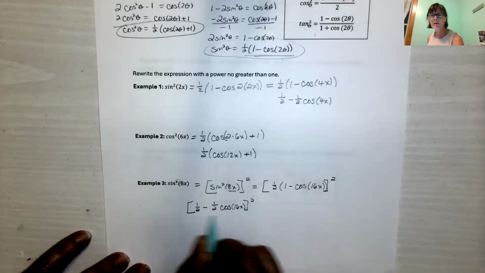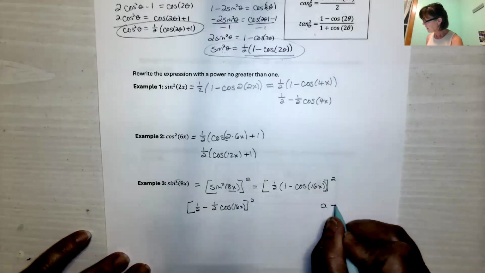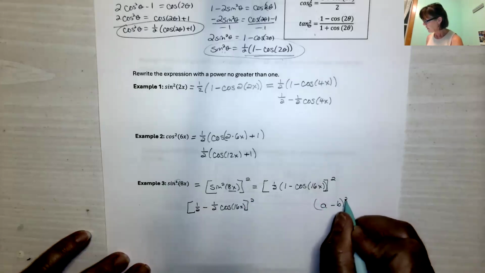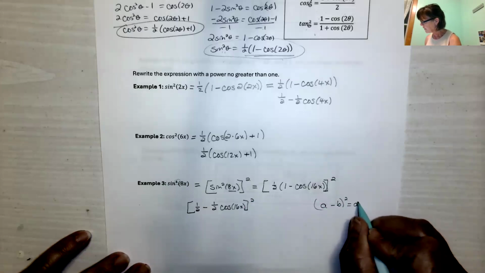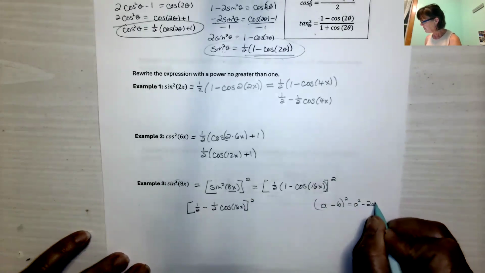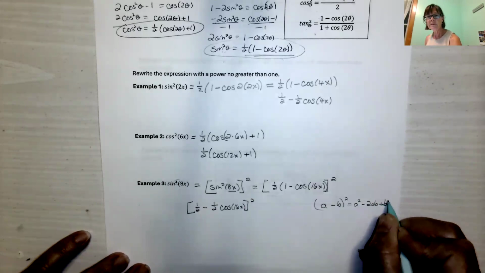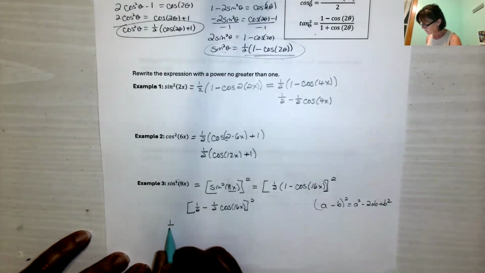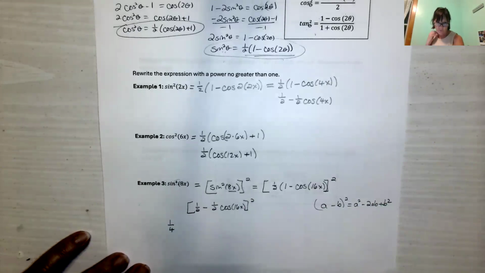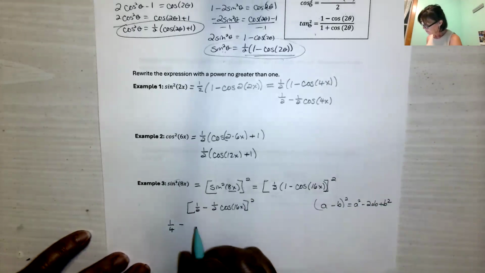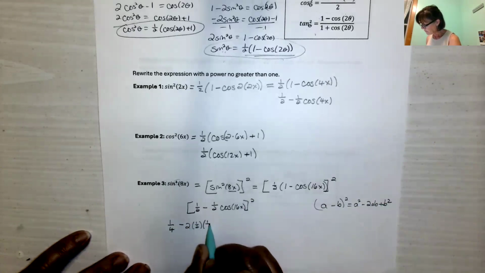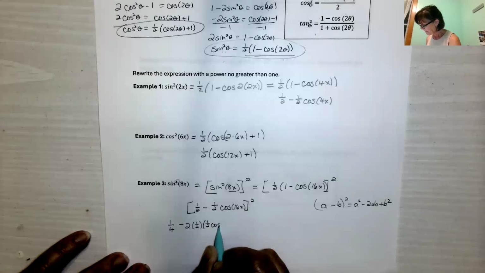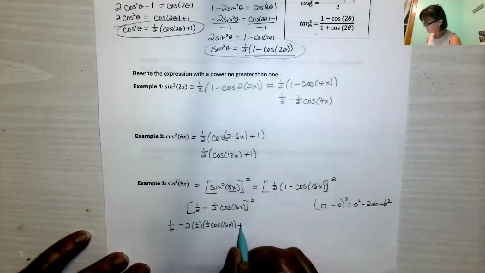But this is a binomial. This is a minus b squared, and this is equal to a squared minus 2ab plus b squared. So this will be 1/2 squared, which is 1/2 times 1/2, which is 1/4, minus 2 times a times b, plus b squared.